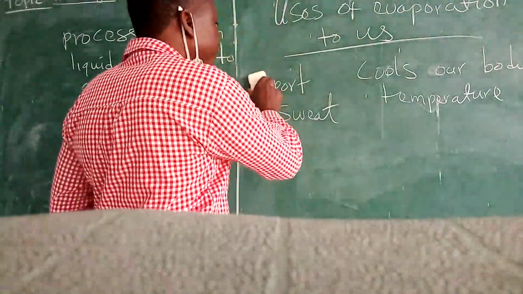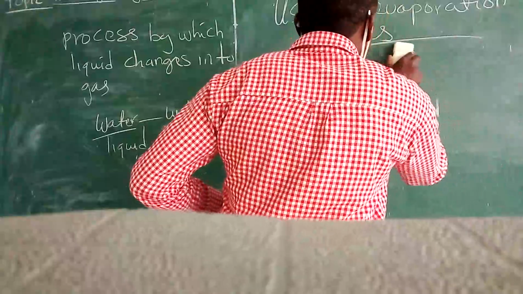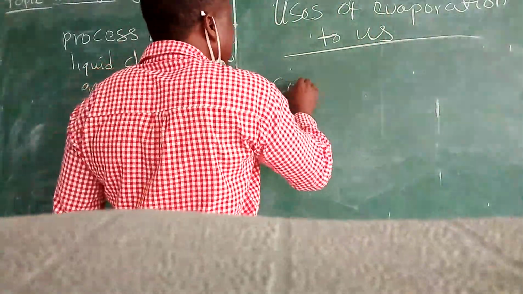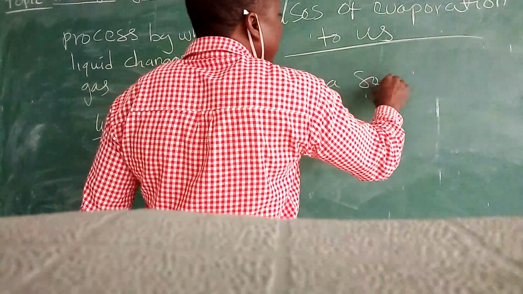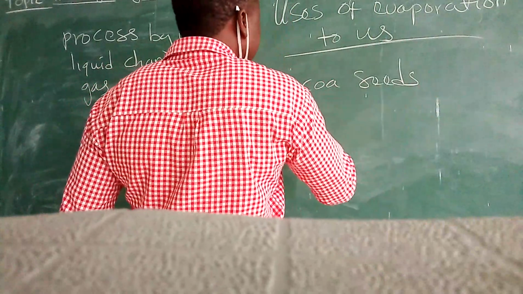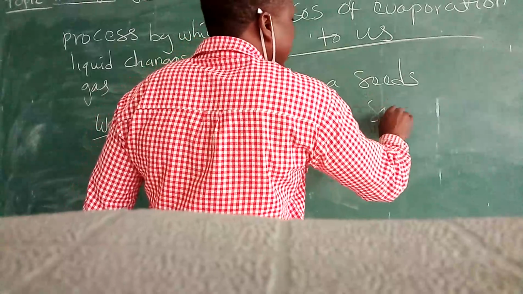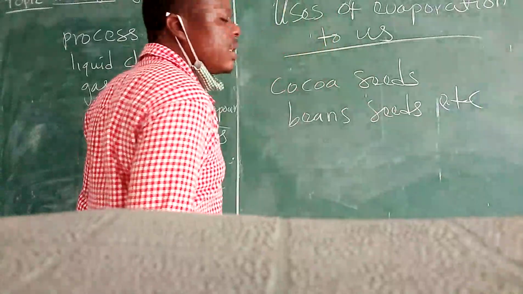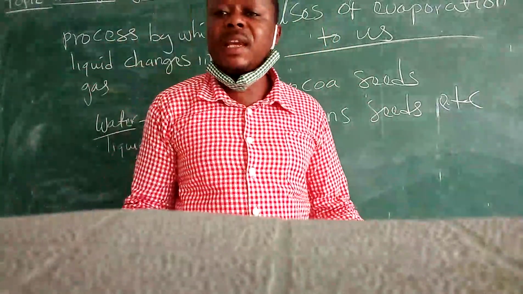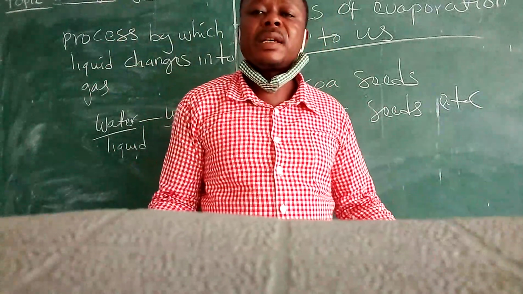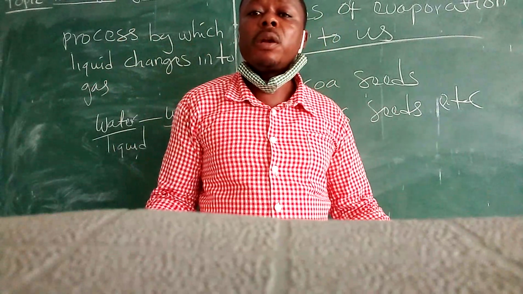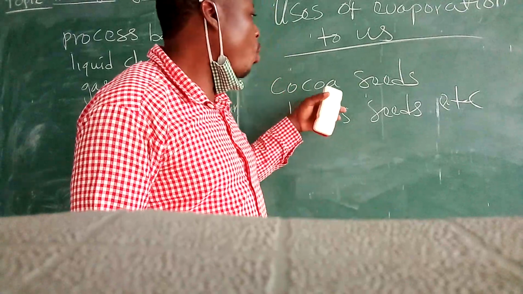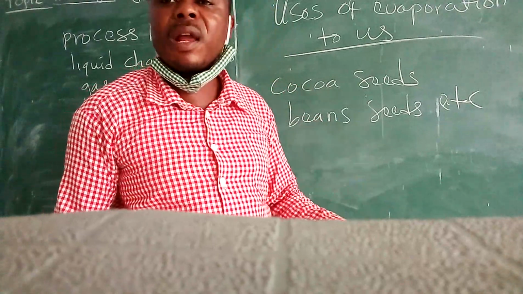Okay, another one. We use evaporation to dry our seeds, seeds like cocoa seeds, bean seeds, etc. We spread these seeds on a mat outside in the sun, and the sun heat will help to evaporate the water from the cocoa seed, the bean seed, and many other types of seed.